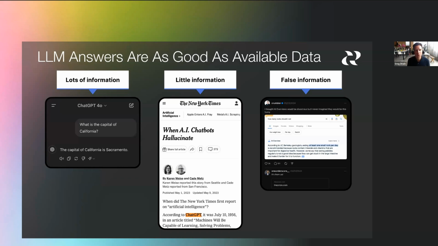And the article sounded plausible. And the publication date even made sense, that it was in the 50s, which would have been the time that the New York Times would have first reported on artificial intelligence. So it made something up, but it made something up that was statistically likely to be similar to the right answer. And in that way, large language models can be dangerous, right?